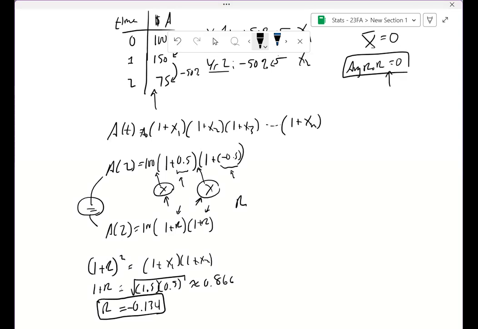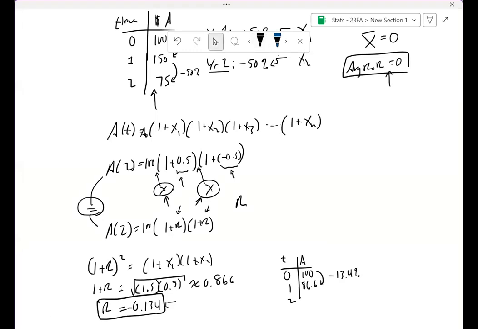So had I lost 13.4% per year, what would my amount look like at times 0, 1, 2? We start with 100. The first year I lose 13.4%, so I'm down to 86.6.